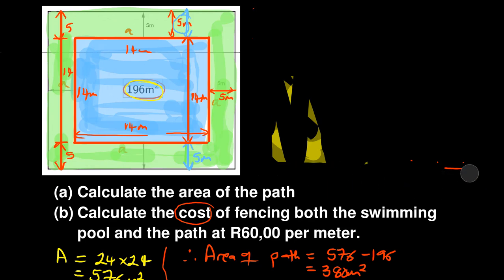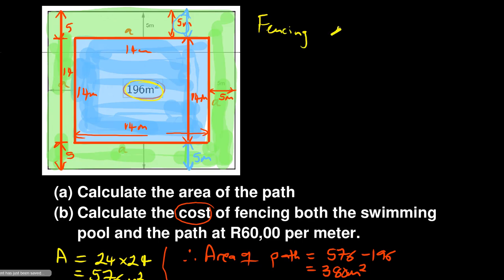So now when they talk about the fencing, in other words, they are hiding the word perimeter. So you can see, as I said, that I need to do the fencing for the inside, for the pool. So this is the fencing for the pool.